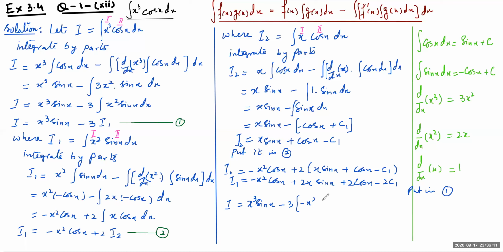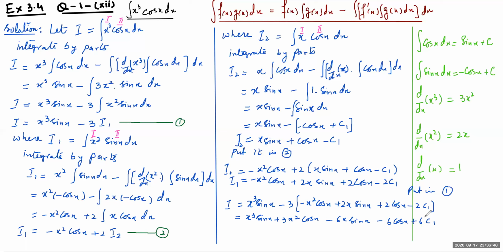So it gets minus x square cos x plus 2x sin x plus 2 cos x minus 2 c1. Open up the bracket, you will get x cube sin x plus 3 x square cos x minus 6x sin x minus 6 cos x and minus 3 into minus 2 plus 6 c1.